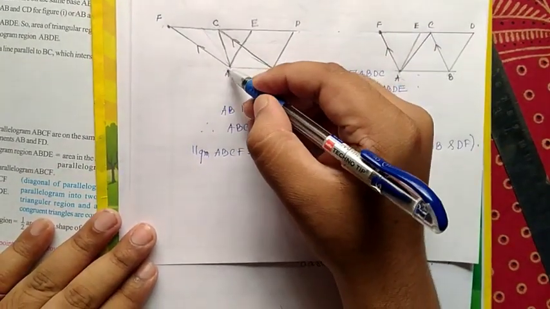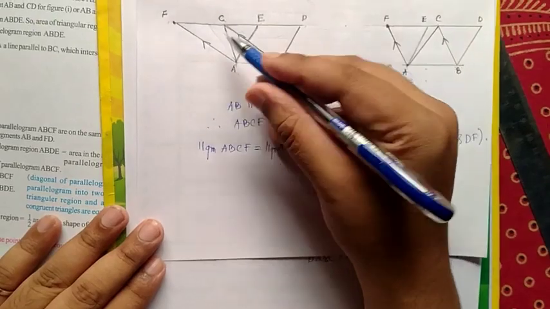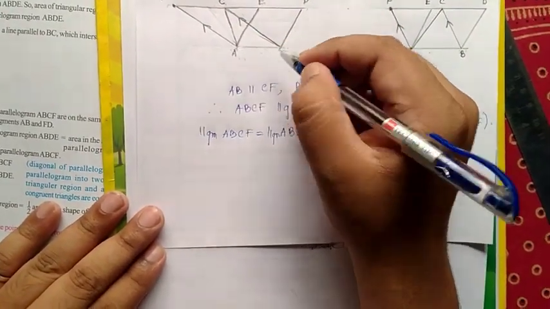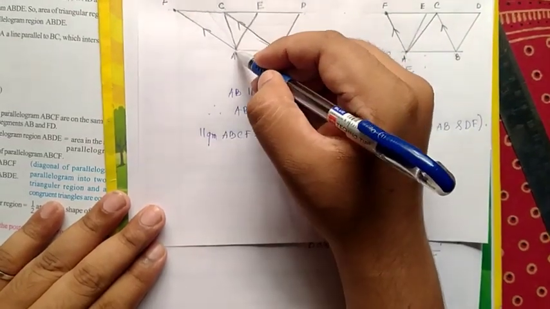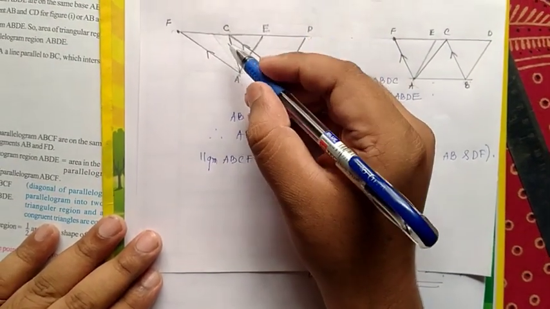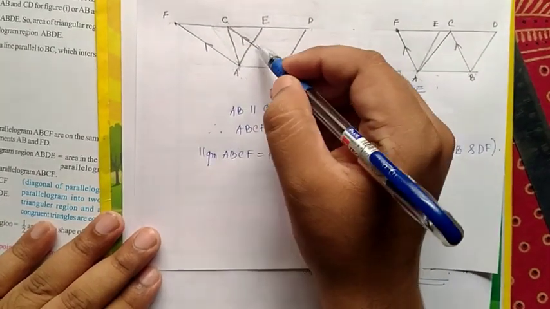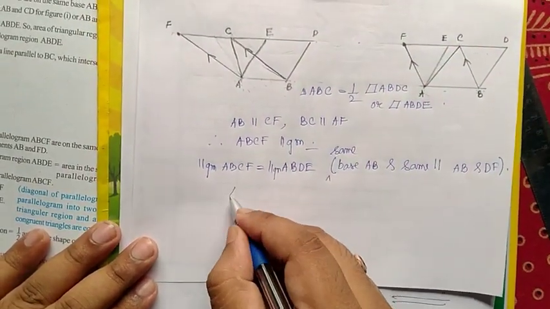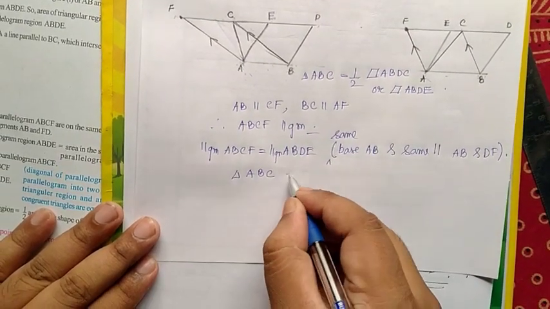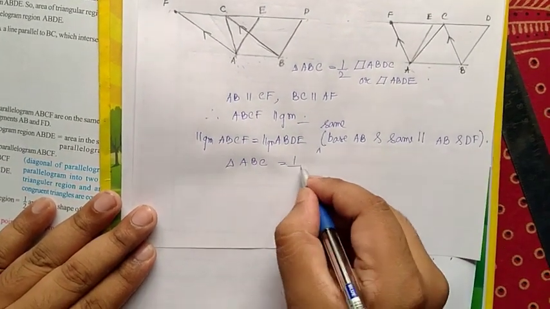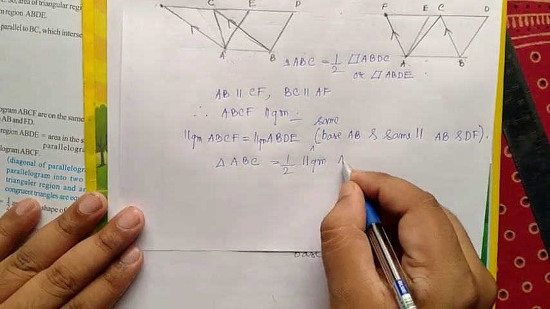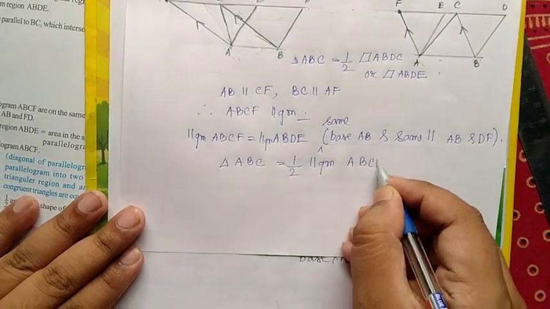Now you see, AC is a diagonal of this parallelogram ABCF. A diagonal bisects the parallelogram into two equal halves. So therefore triangle ABC is equal to half of parallelogram ABCF.